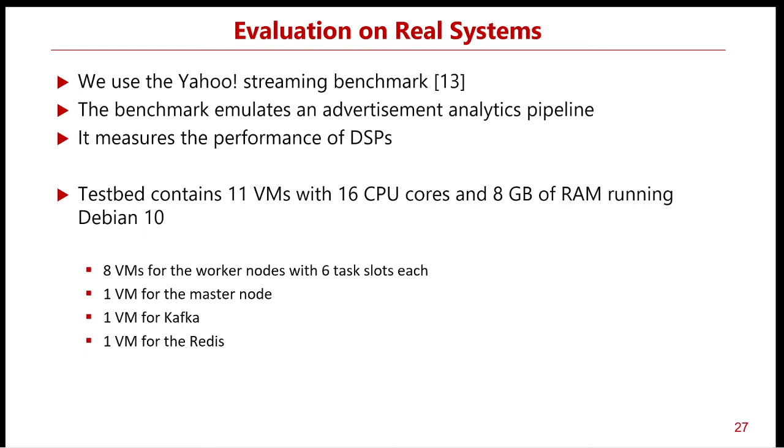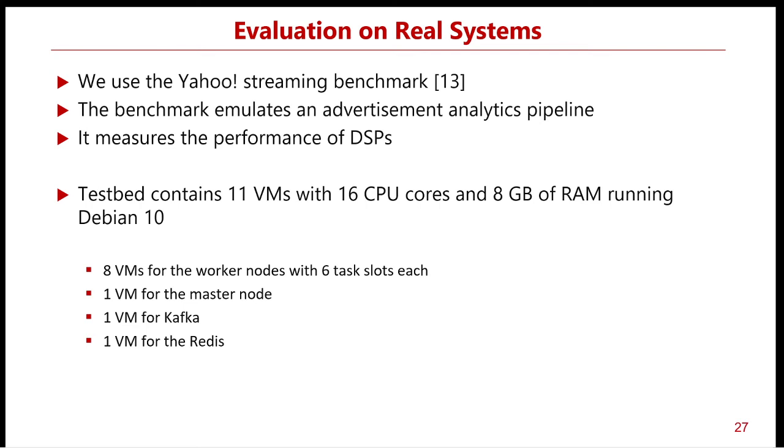Our testbed contains 11 VMs with 16 CPU cores each and 8 GB of memory. All the systems run on Debian. We dedicate 8 VMs for the worker nodes, and each worker node has 6 task slots to run the job. We use 1 VM for the master node, 1 VM for Kafka, and 1 VM for Redis.